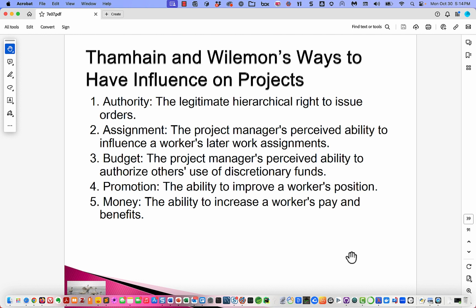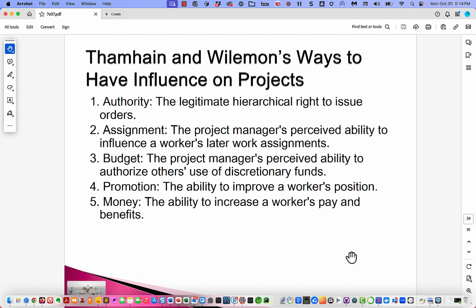Some more academic, research oriented stuff that can help the project manager comes from Thamhain and Wilemon's Ways to Have Influence on Projects. So I particularly like this one.